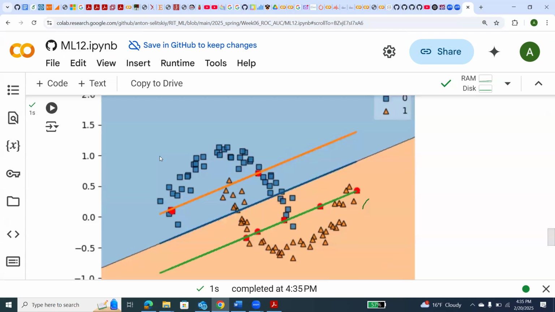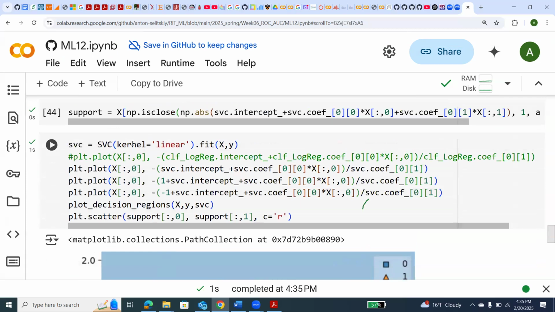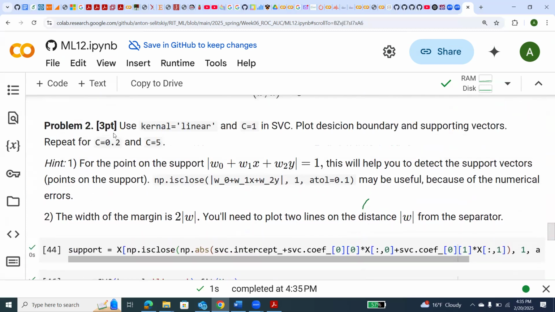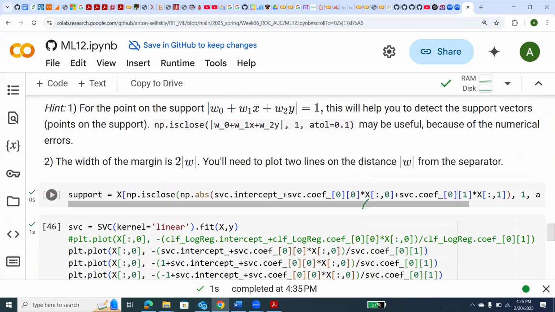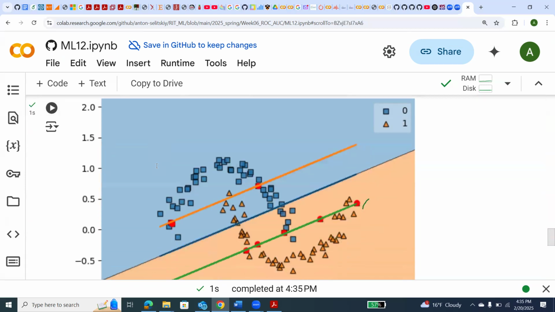We are almost done. I ask you to repeat this with additional parameter C. Just add C equals 0.2 and C equals 5. Just copy paste this code 2 times to see how the width of this separating strip will change depending on C values.